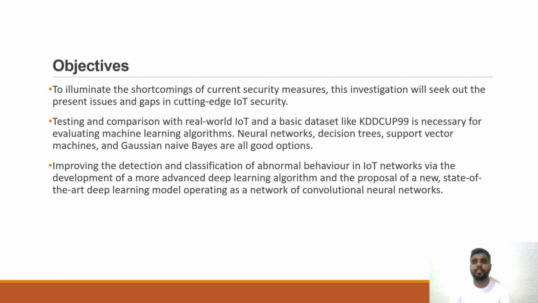This investigation will seek out the present issues and gaps in cutting edge IoT security. Testing and comparison with real world IoT and a basic dataset like KDD CUP99 is necessary for evaluating machine learning algorithms. Neural networks, decision trees, support vector machines, and Gaussian naive Bayes are all good options.